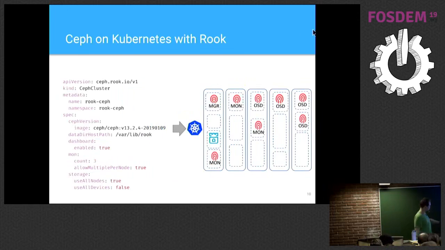To summarize this part, we have this custom object with kind Ceph cluster, which the Rook Ceph operator has defined. You create it, and what you currently get is a Ceph cluster running Ceph version 13.2.4. Ignoring the data host path, in Rook that is right now where most config and monitor data is stored, but we're working on making it really just for configuration.